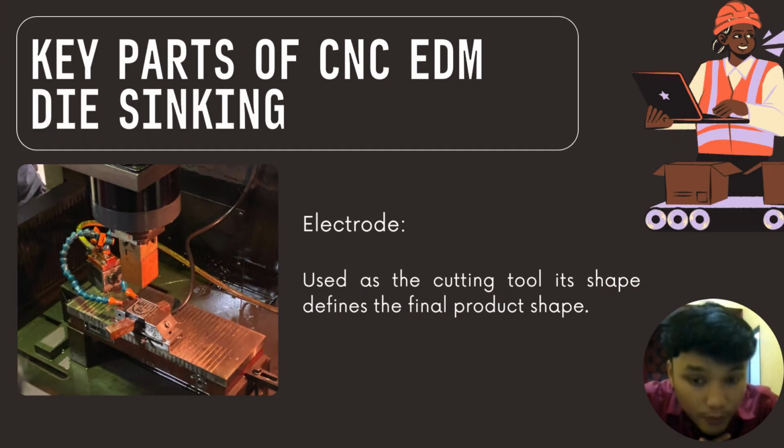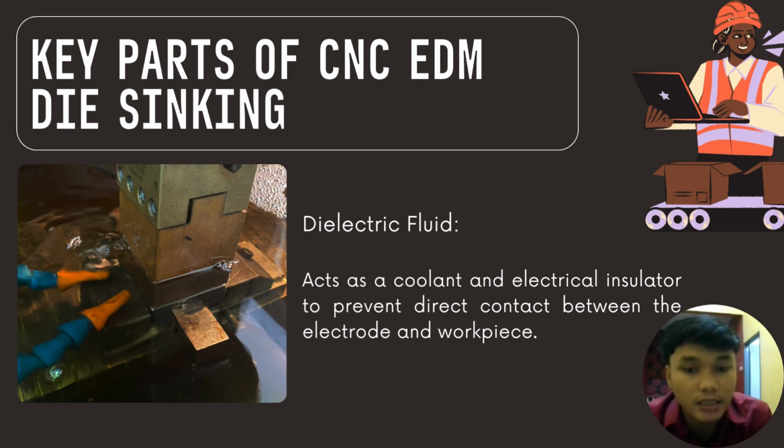Okay, we move to key parts of CNC EDM die sinking. Firstly is electrode. It is used as the cutting tool. Its shape defines the final product shape. Okay, number two is dielectric fluid.